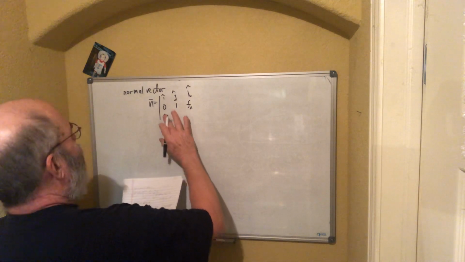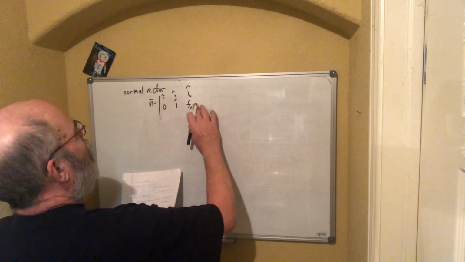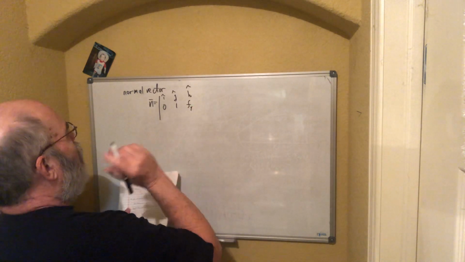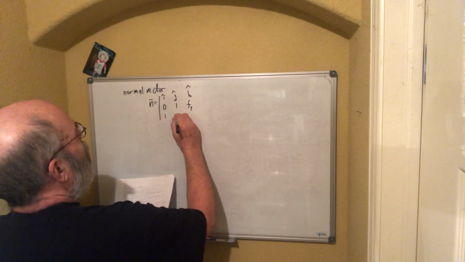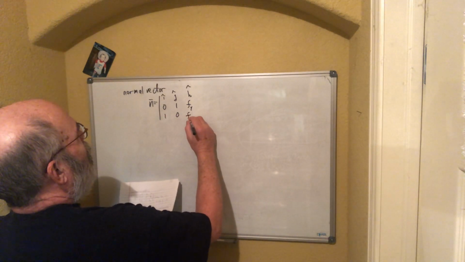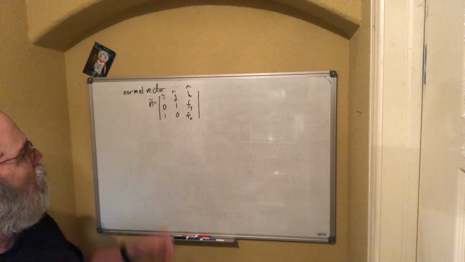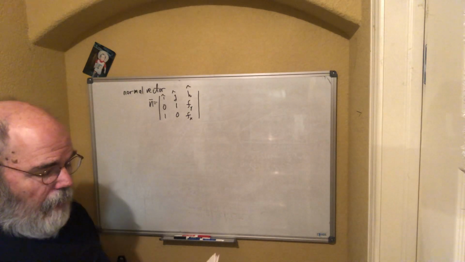Oops, hang on here, my bad. Did I do that right? 0 and Fy, my bad. Sorry. Write that down there, that's good. And then 1, 0, Fx. Right, so in our usual determinant notation, the normal vector comes out that way.